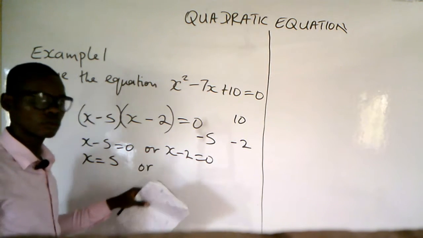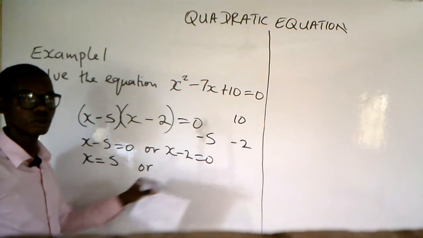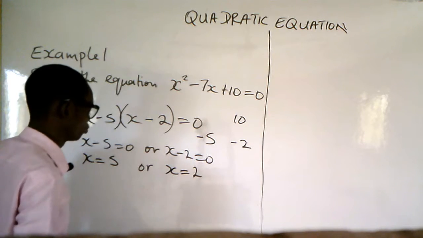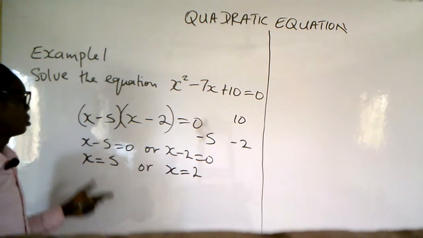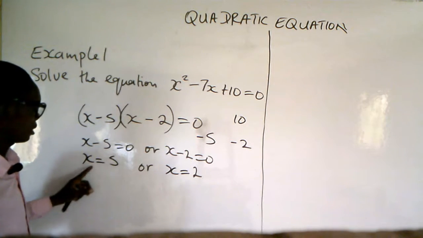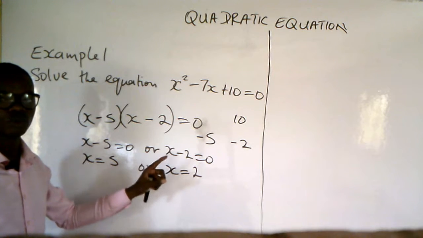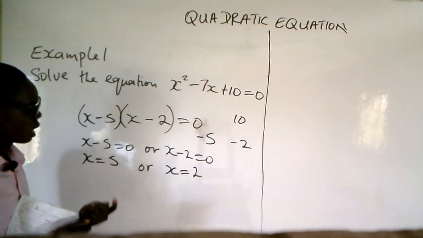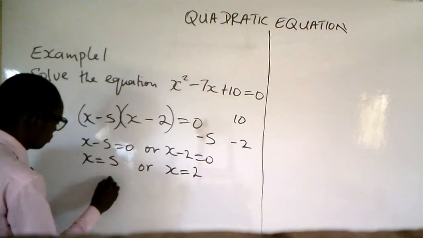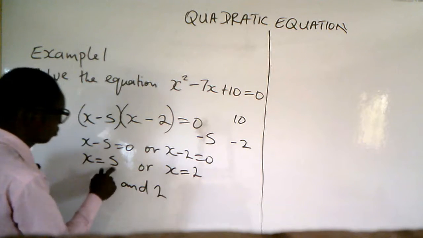Or if x minus 2 is equal to 0, it means x is equal to 2. So, the solution to this equation is x is equal to 5 or x is equal to 2. We can also say that 5 and 2 are the roots of the equation.